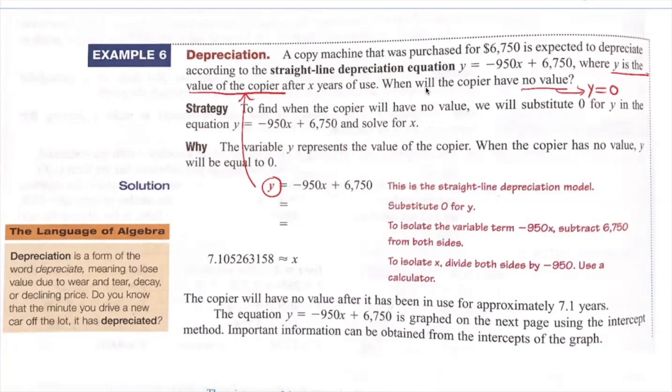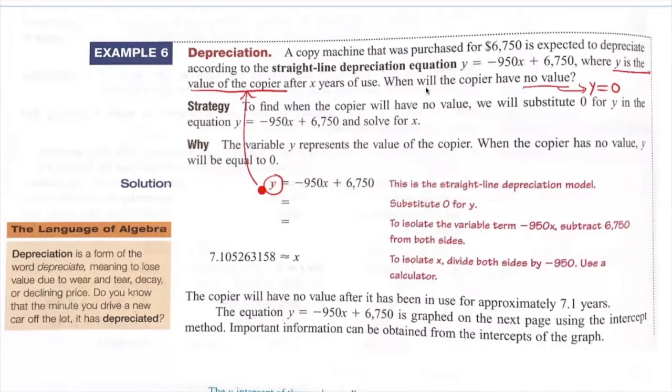So we want to find out what this X is that will give you Y equal to 0. They gave you this straight line depreciation model, and now you just need to use this model to find out when this copier has no value.